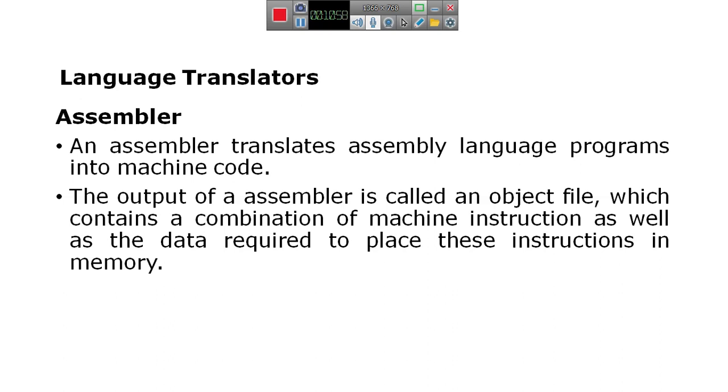So in order to avoid such a difficulty for a programmer, the high level languages were introduced in the market. But the problem is the computer understands only machine language.